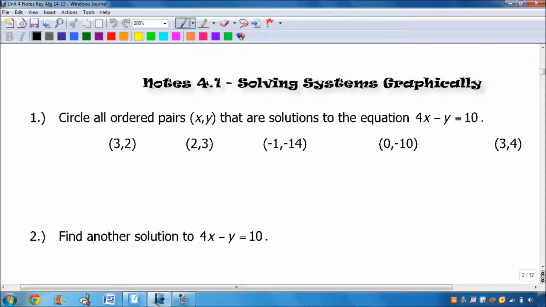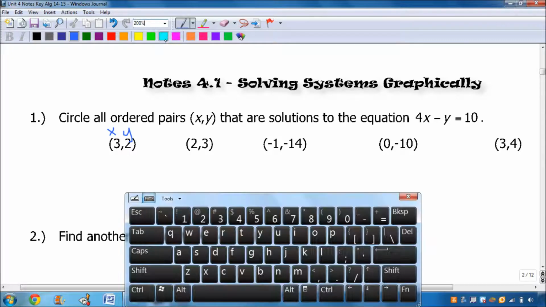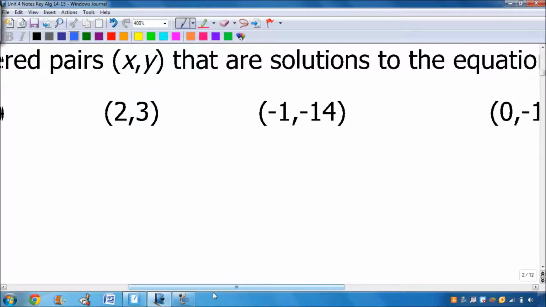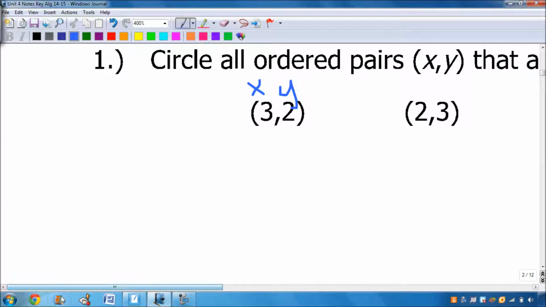Now, normally we would isolate the y, but I just want to know, are these coordinates actual solutions or not? All I have to do is take my values and plug them in. I know that x is 3 and y is 2 in this specific example. So when I plug it into 4x minus y equals 10, I would do 4 times 3 minus y, which is 2, equals 10.